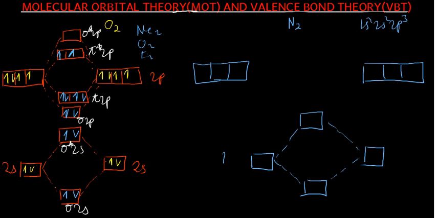This is the 2s, this is the 2s, and this is our 2p, this is also our 2p this side. Now what happens is these two swap. That is the only difference. The one which is going to be down is where there are 2, and then this other one is going to be alone.